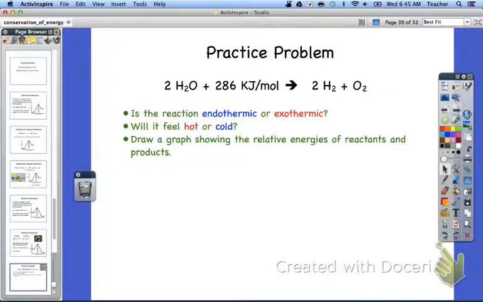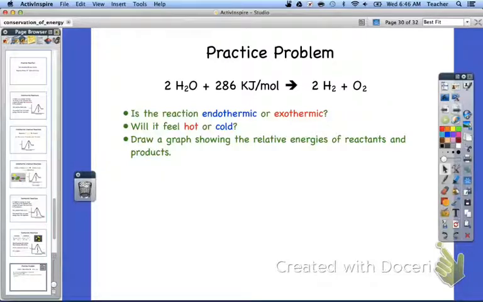Now let's do a practice problem, and please write this down so you have something to go by when you guys are doing this on your own. In this particular reaction, we have two H2Os, we add 286 kilojoules per mole, and we get two H2s plus O2.